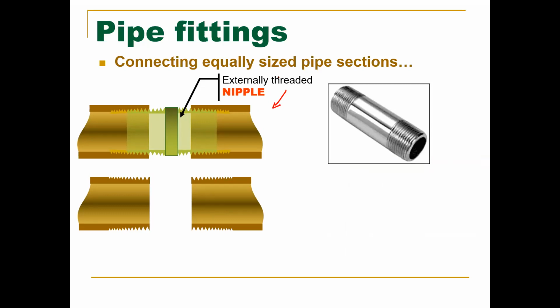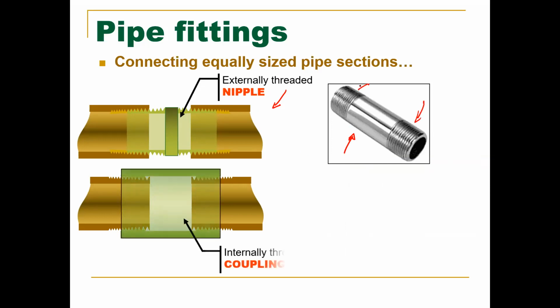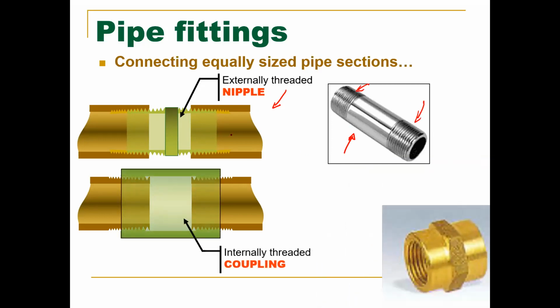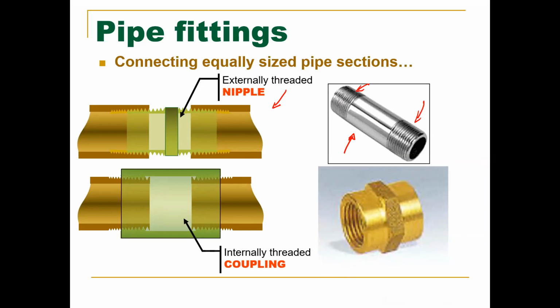We're going to go into depth on these because they can come in any sort of size and section. But they utilize external threads on both sides to screw into internal threads. And then we have a coupling, and a coupling uses internal threads to screw onto the external threads of both pipes.